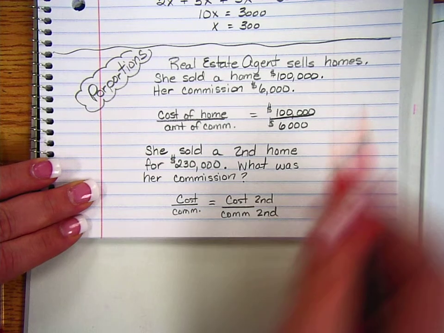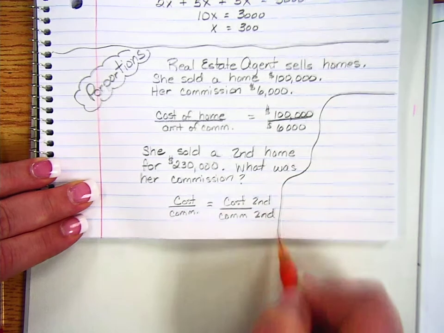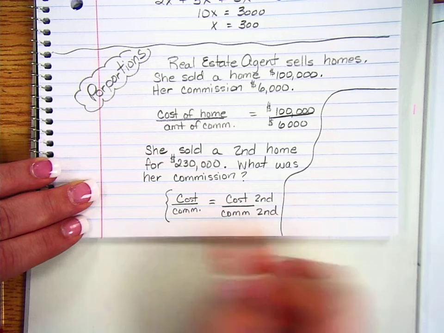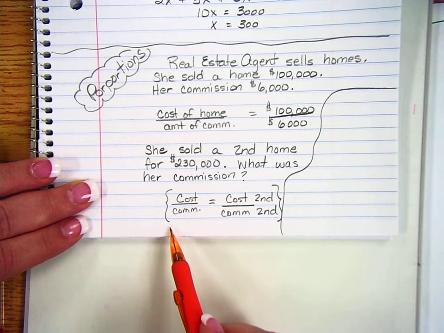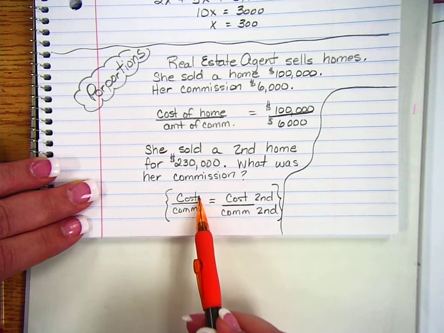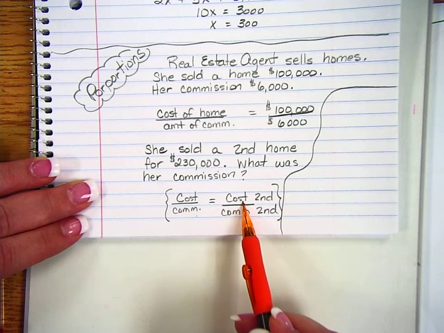I've run myself out of room, so I'm just going to come over here, draw something that divides the two, and I'll finish it up over here. This is the main point you need to know when you're working with proportions. Whatever you do on one side, you have to do on the other side, and it has to be in the same order. So whatever's on top over here and whatever's on the bottom over here in the known situation, you've got to keep them the same way in the unknown.